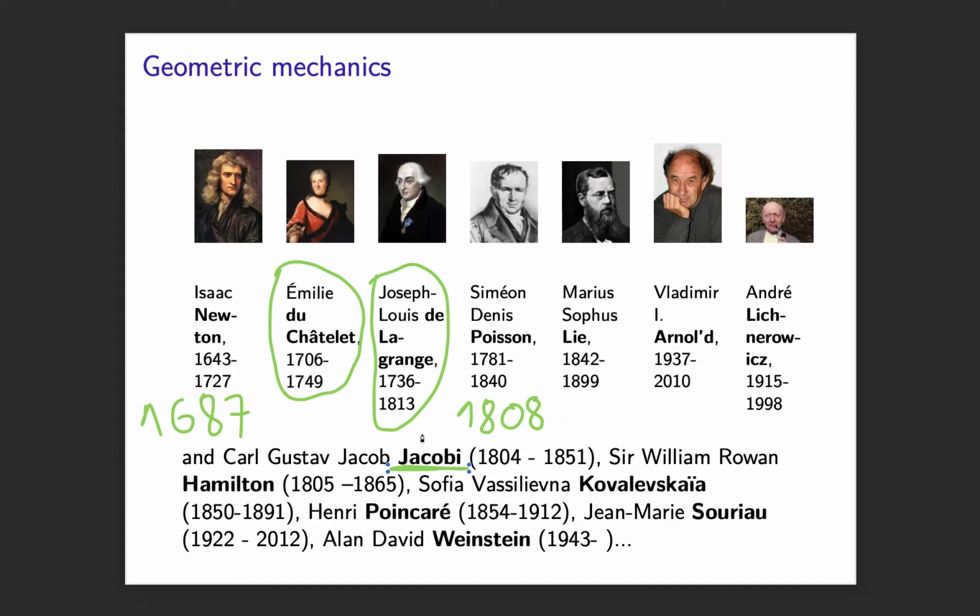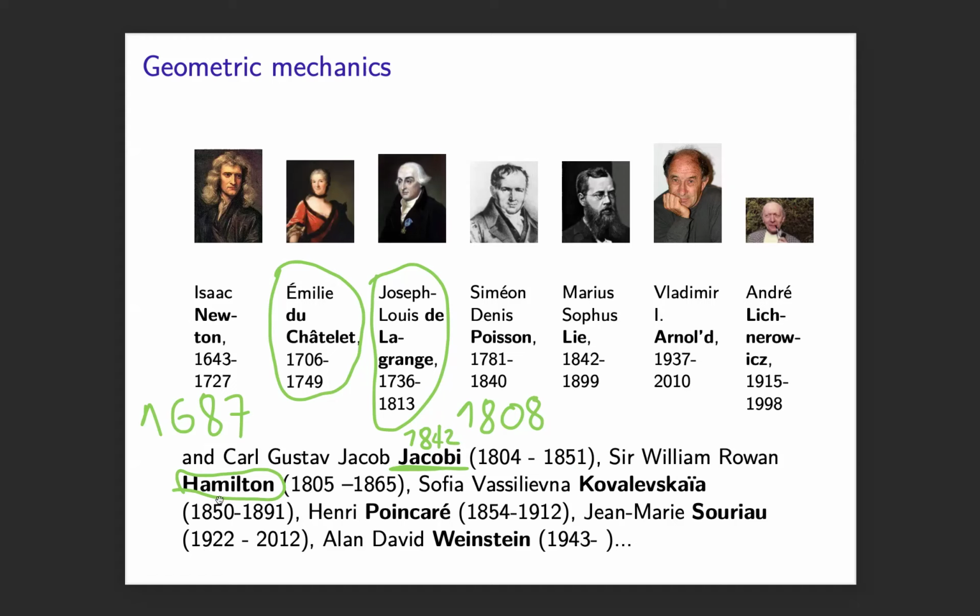For instance, Jacobi discovered a famous equation in 1842, which is now called the Hamilton-Jacobi equation. We will talk about this later on. And Hamilton in Ireland gave his name to Hamiltonian systems.